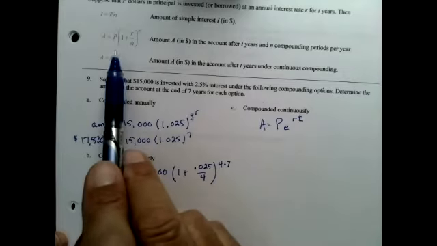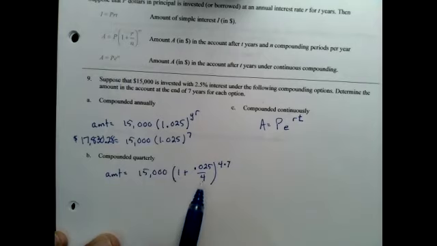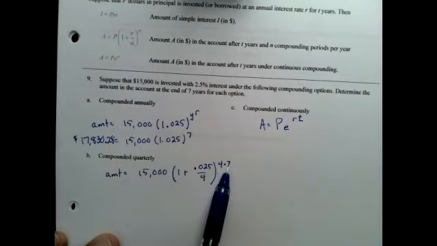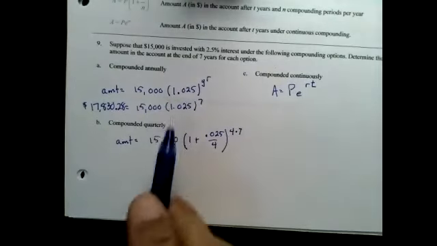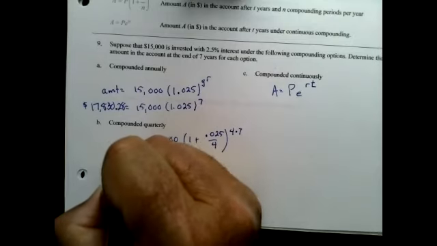So when you look up here and you see P parentheses 1 plus, we're breaking the rate up by dividing it by 4 since we're doing it quarterly. And then the number of times I do it will be 4 times 7. If I did it monthly, I would be replacing these 4s by what? 12. Yep. And again, why is this better than this? Because I am getting more interest on interest.